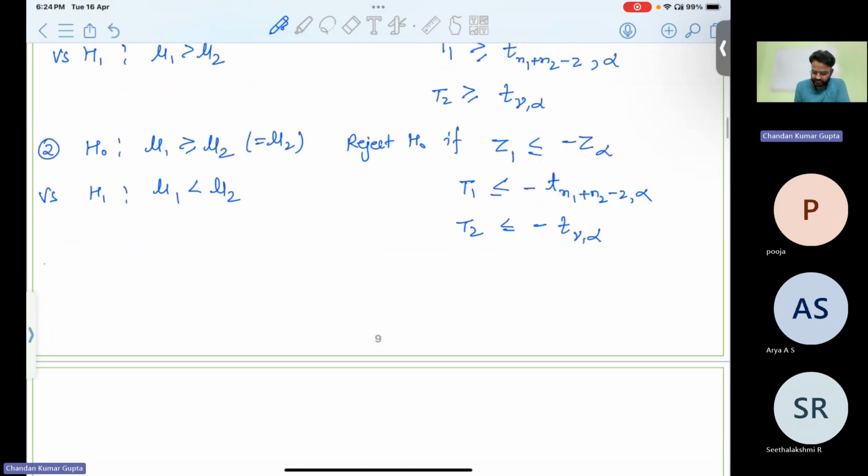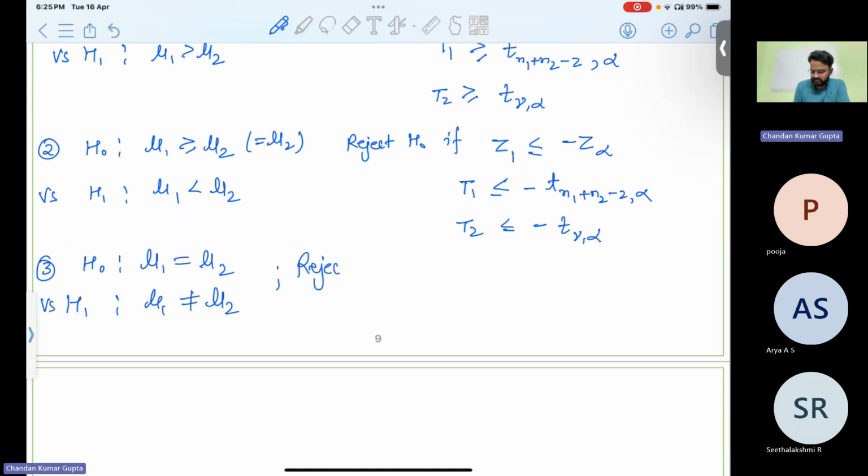Similarly, the third scenario, when our h0 is mu1 equal to mu2 versus mu1 not equal to mu2, two-tailed.